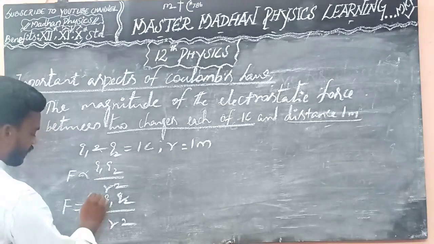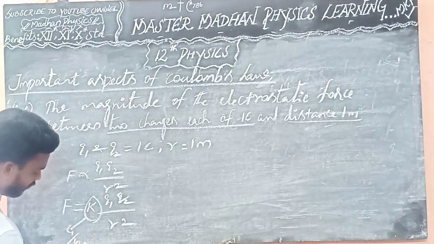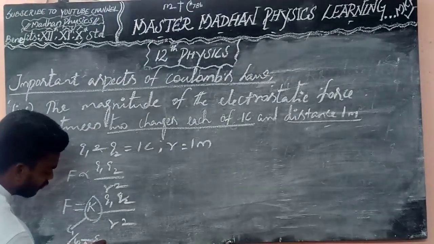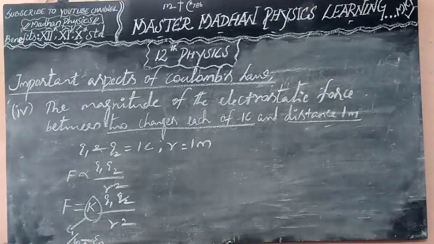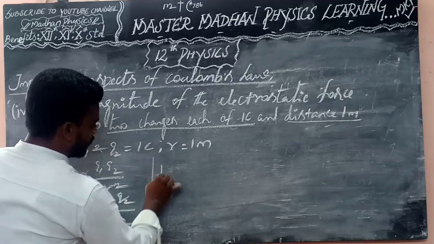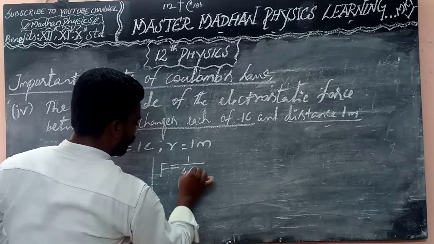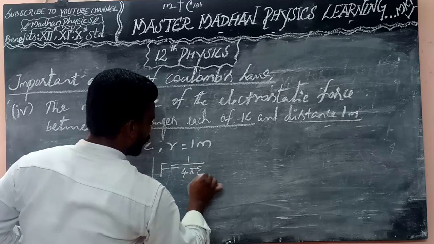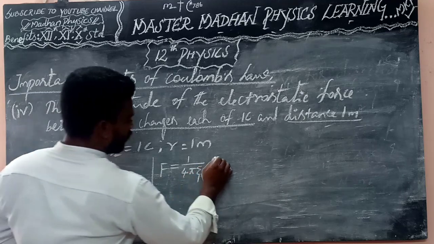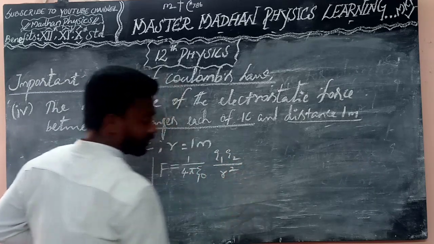We know the value of K is 1 by 4 pi epsilon naught. So how can we modify this equation? F is equal to 1 by 4 pi epsilon naught Q1 Q2 by R square.